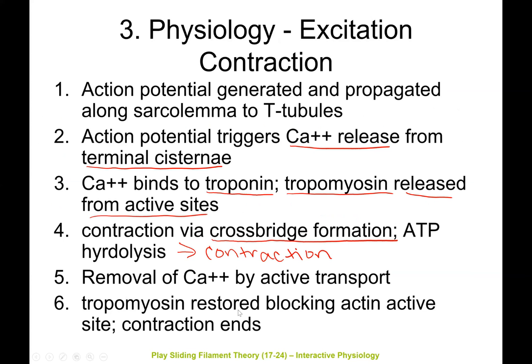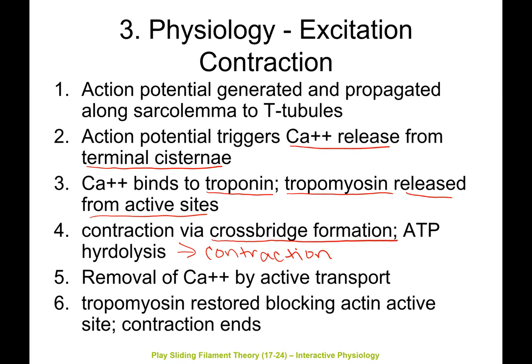So we have just walked all the way down to getting that contraction, right? And then we have these last two steps, which is just like with all of these that we've been going through, undoing everything. After you've gotten a contraction, you have to undo the contraction. The first thing we would have to do is remove calcium.